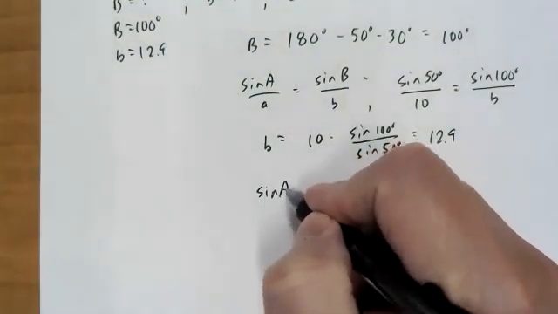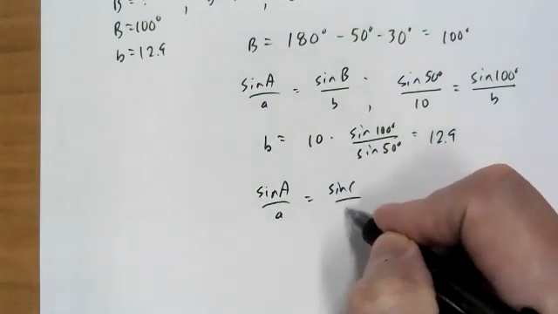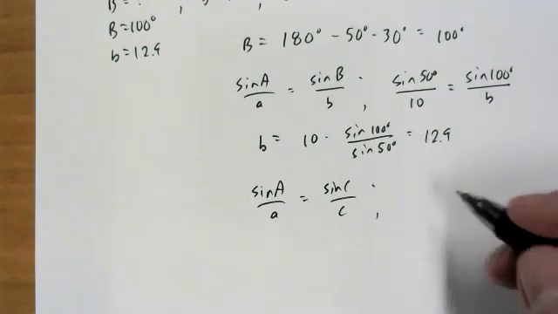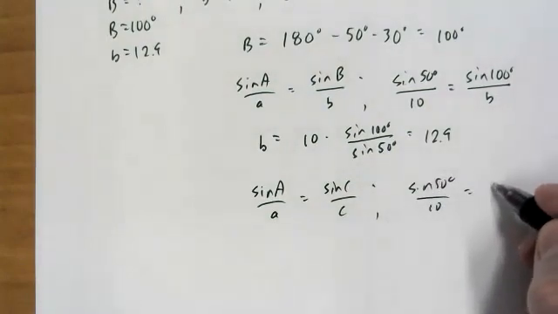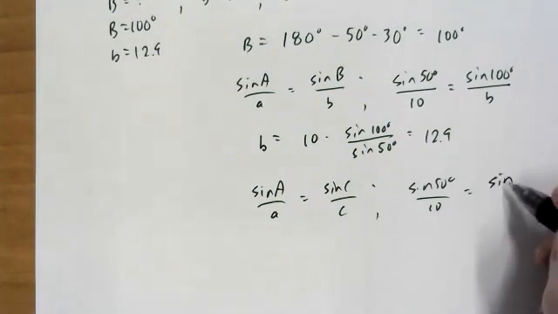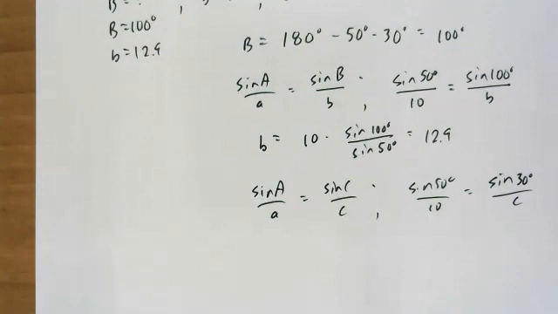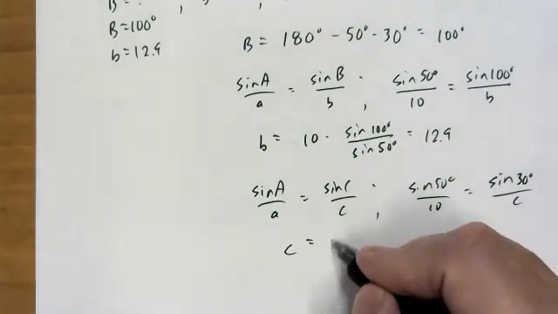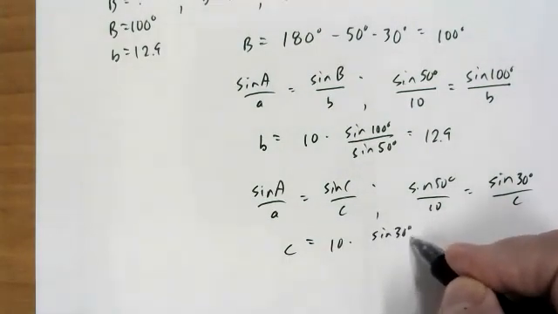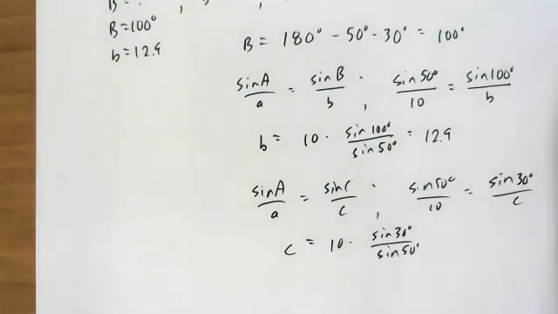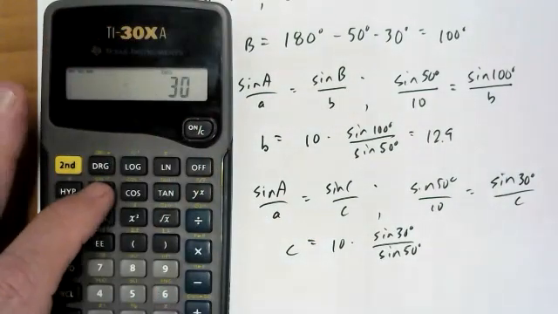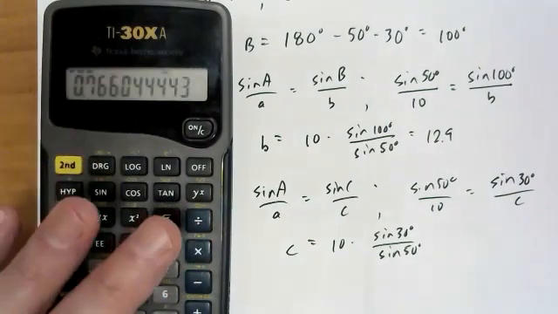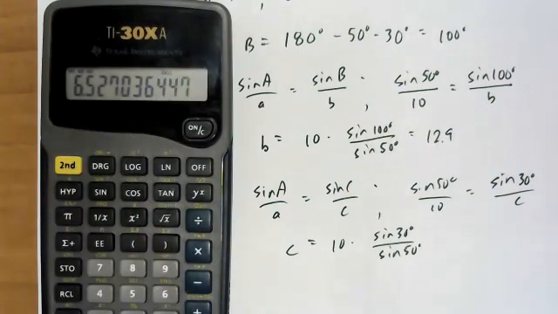Then for side C, use the law of sines again. Sine 50 degrees over 10 equals sine angle C, which is 30 degrees, over C. So C equals 10 times sine of 30 degrees over the sine of 50 degrees. 30 sine divided by 50 sine times 10, 6.5.